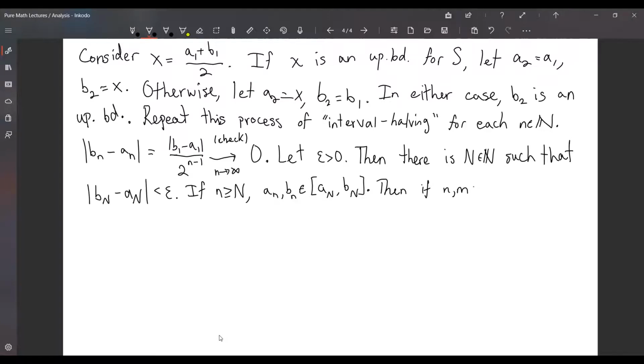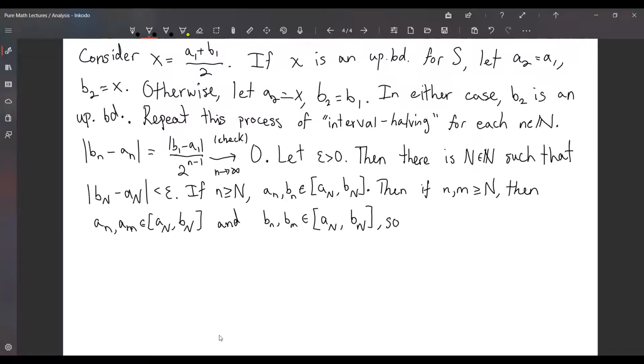If n and m are bigger than or equal to the big N, then let's say a sub n and a sub m are in a sub big N, and b sub n and b sub m are in a sub big N, b sub big N. And this implies, if these elements are contained in this interval, which has length less than epsilon, then the distance between them is less than epsilon.